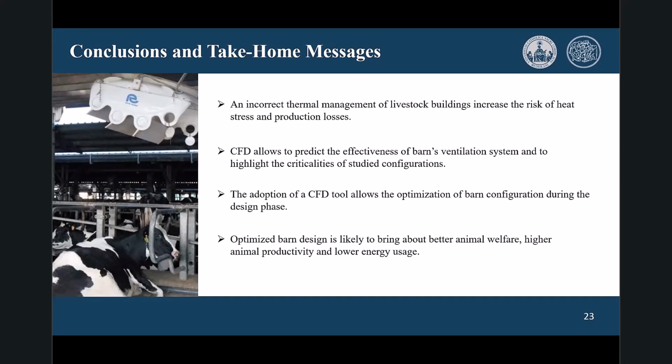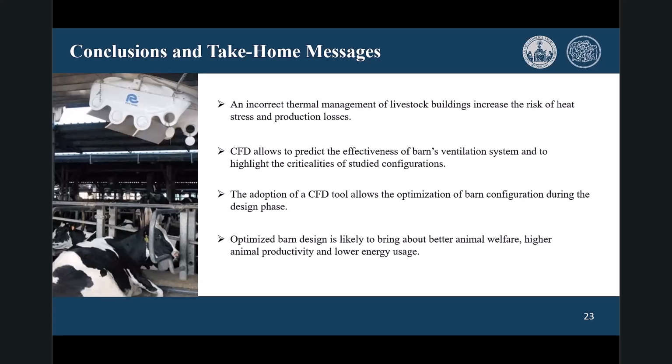The ventilation system of a livestock building must be correctly sized and designed in order to grant these conditions. Empirical methodologies are not accurate, but we can use computational fluid dynamics. CFD is a great design tool for the ventilation system, especially for livestock buildings.